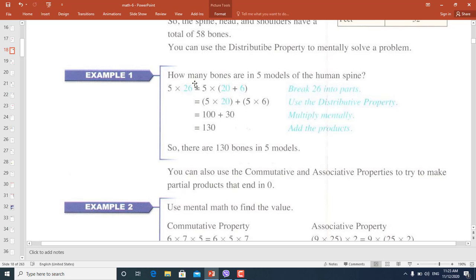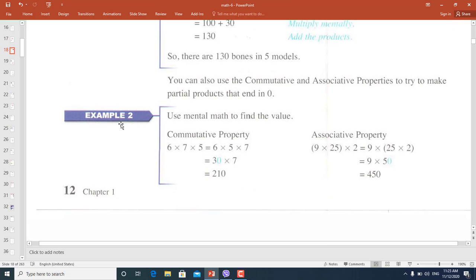We write 5 times 20 plus 5 times 6. After that we solve the multiplication in parentheses. 5 times 20 is 100, and 5 times 6 is 30. After that, we add them. 100 plus 30 is 130.